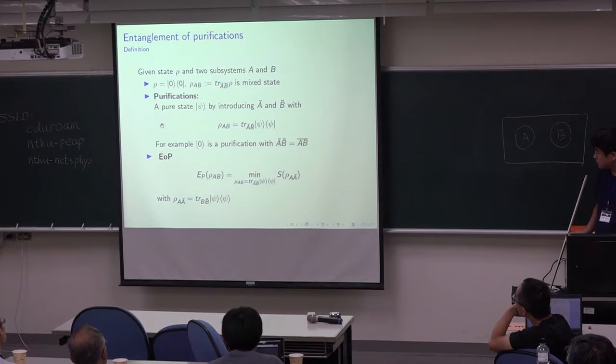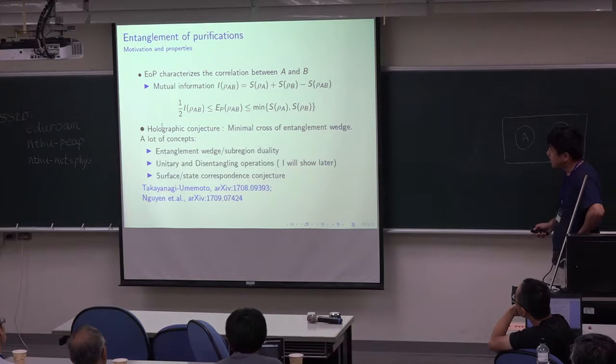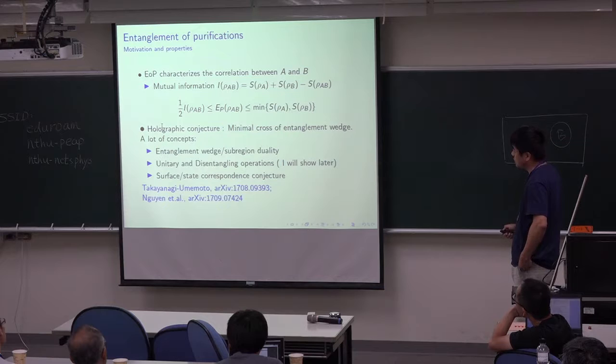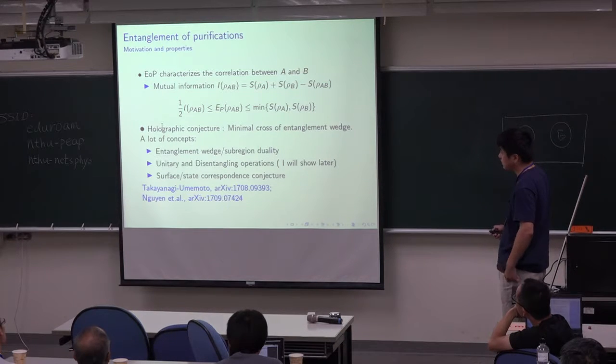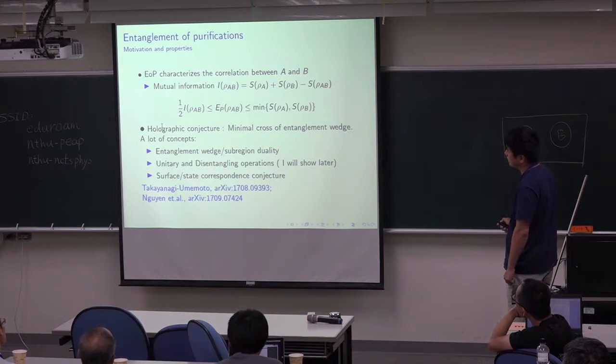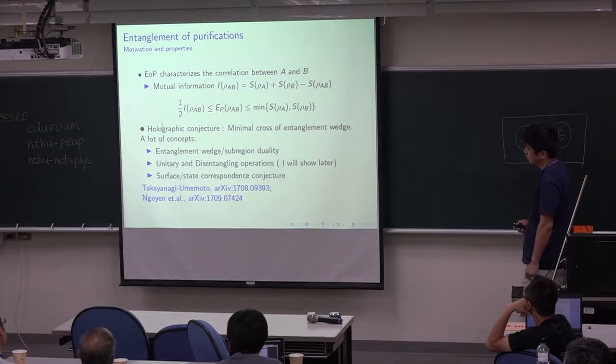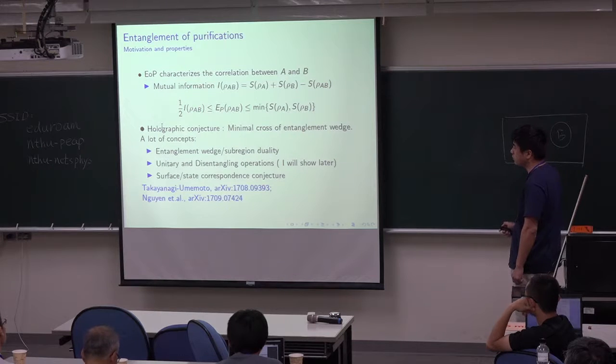The definition is very complicated, and I just want to explain why we are interested in this quantity. It can capture some correlations between A and B, and it is something like the mutual information defined by the entanglement entropy. It can also do this, and it satisfies some inequalities involving entanglement purification and mutual information.